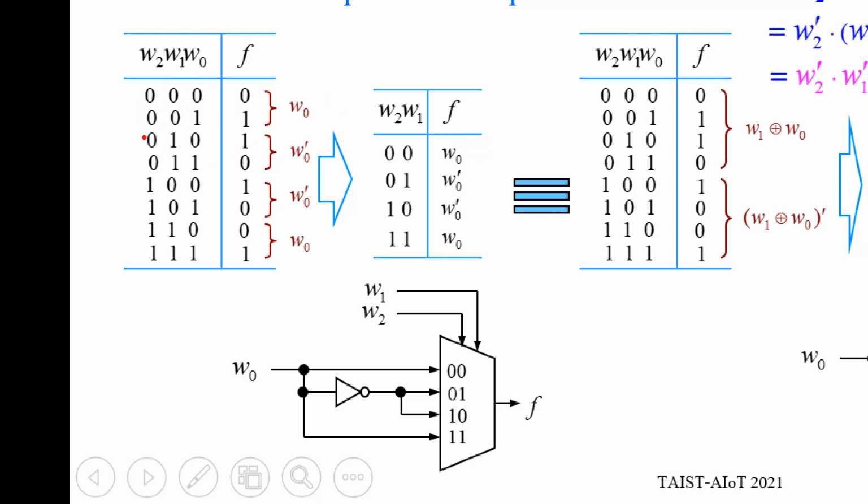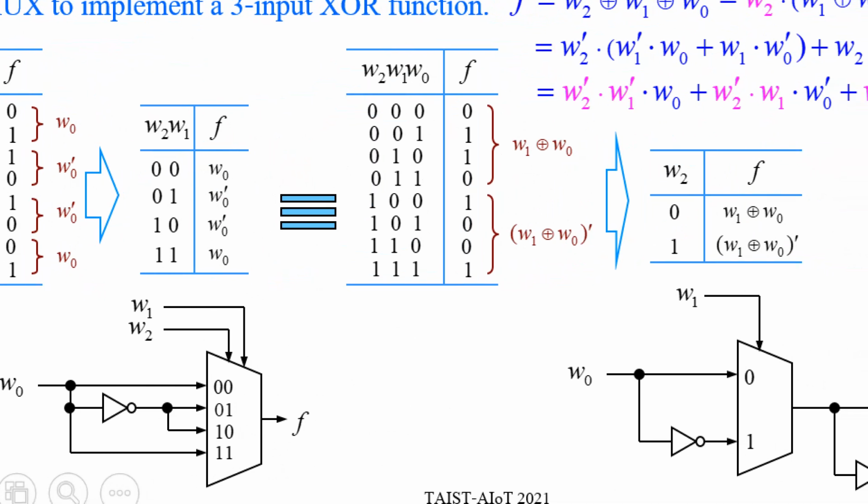And when W2, W1 is 0, 1, the function value is opposite to W0. So W0 prime. 1, 0, opposite, W0 prime. 1, 1, the same. That means you just feed the value W0 here, W0 prime here, W0 prime here, and W0 here. Okay, that's all. Very convenient if you use a multiplexer.